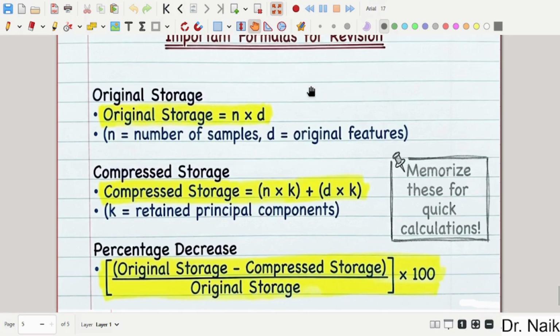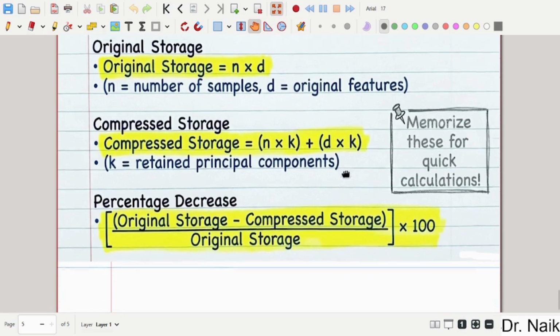Important formulas: original storage is equal to n into d, where n is the number of samples and d is the original dimension, or original features. Compressed storage is n into k plus d into k, where n is the number of samples, d is the original dimension, and k is the number of retained principal components.